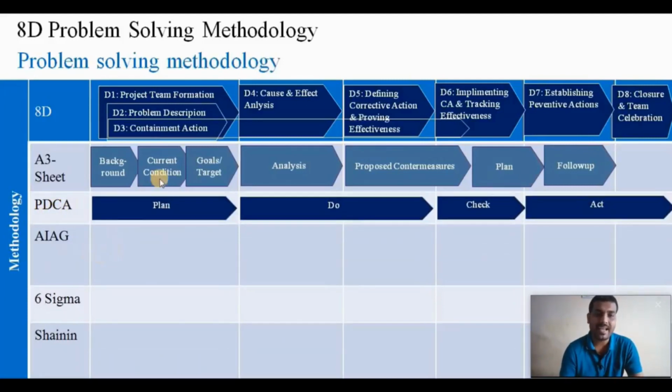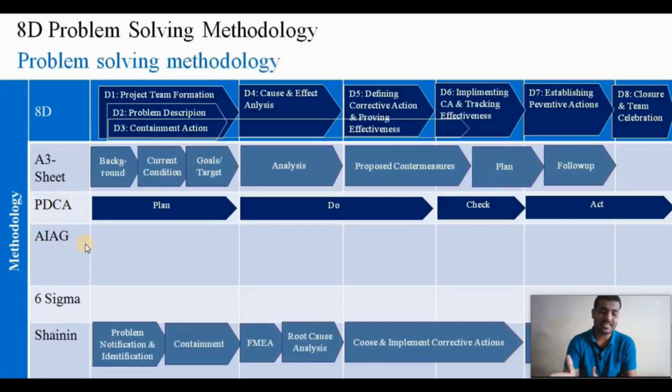Then next is AIAG, that is Automotive Industry Action Group. It consists of 6 phases. The first phase is problem notification and identification, in which the actual location of the defect is identified. Then second, the containment actions are taken.